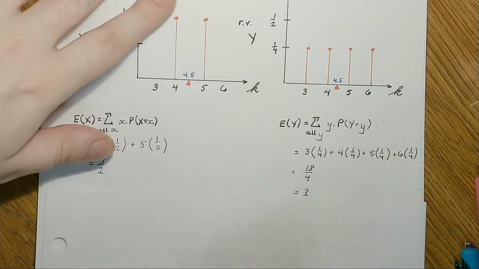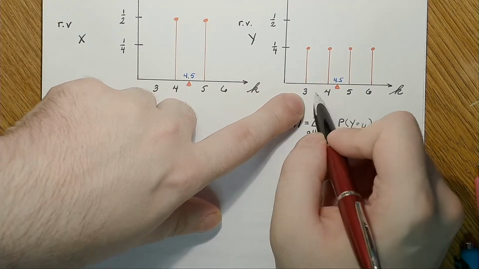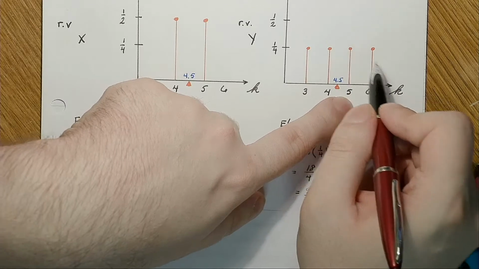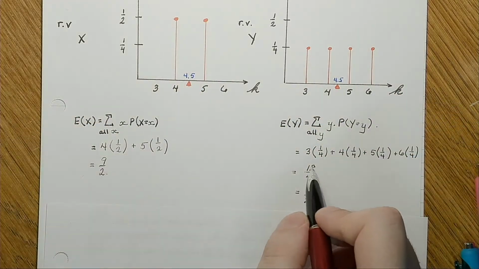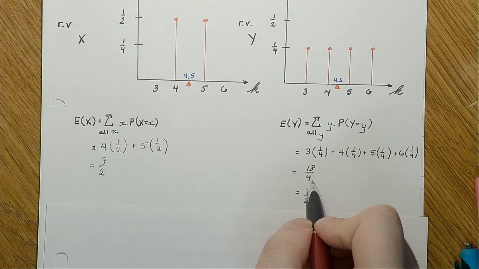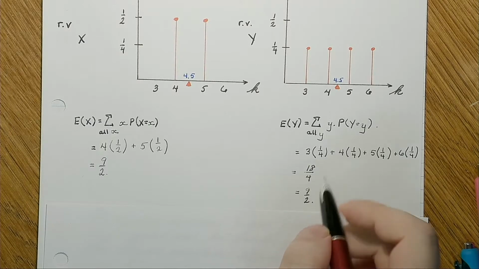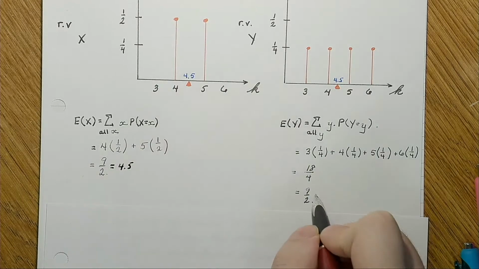And we can see that that's the case because if I sum them up, it's 3 times a quarter, 4 times a quarter, plus 5 times a quarter, and 6 times a quarter. I get 3 plus 4 plus 5 plus 6, which gives me 18 over 4, which simplifies down to 9 halves. So 9 halves is equal to 4.5. Same thing over here.